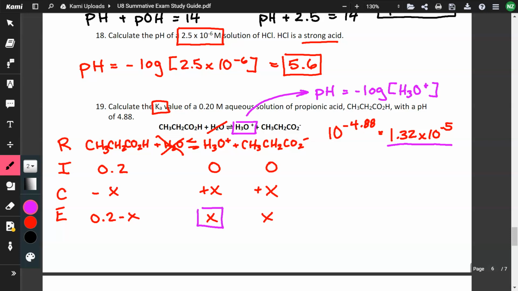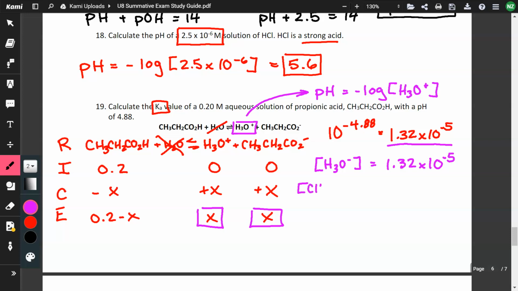So anything that's just X is going to be that value. So that means that H3O plus is going to be that value, which is 1.32 times 10 to the minus 5.